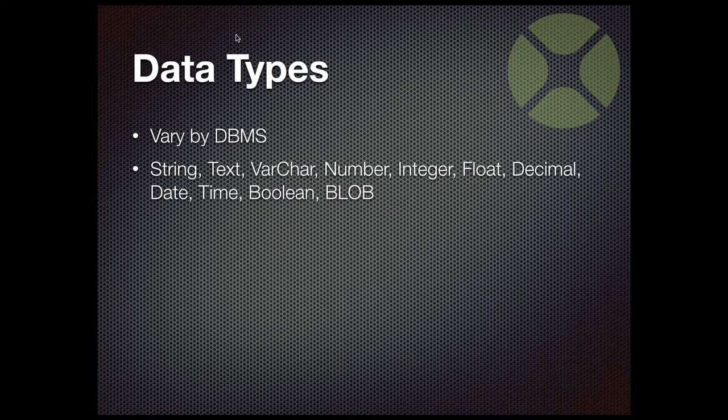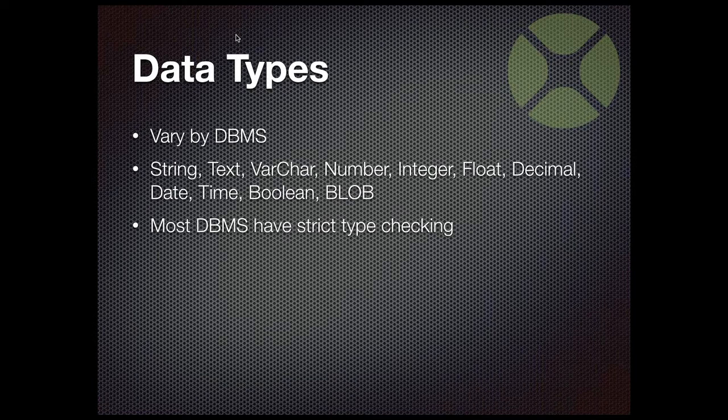Number, integer, float, decimal, again, various ways to store numerical data in a column. Date and time, sometimes there's a combined one called datetime for storing date-related information. Booleans, and blob, which stands for binary large object. That can be used for storing things like pictures or files right in a database table column. And I'm sure, depending on the database you're working with, there are other types available to you as well.